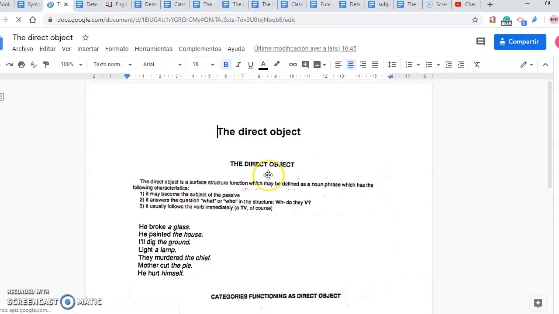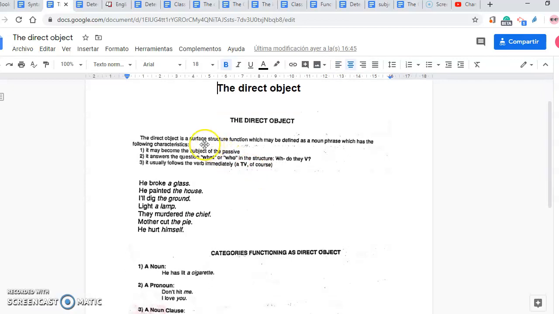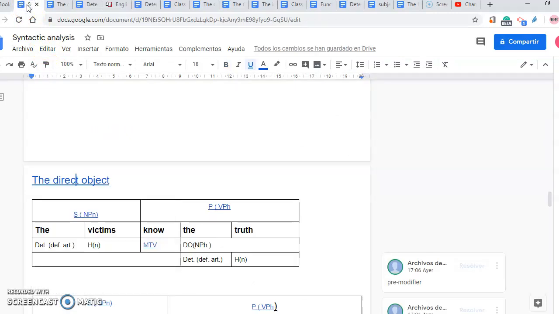Some other examples. So the direct object is a surface structure or function. We don't pay attention to that. It may become the subject of the passive. It answers the question what or who. Yes, what or who. In this example, the victims know the truth.